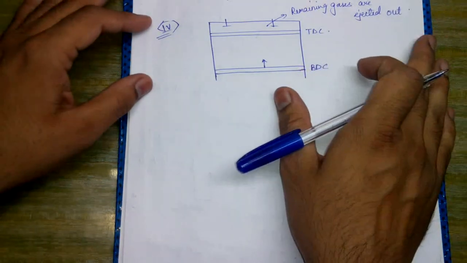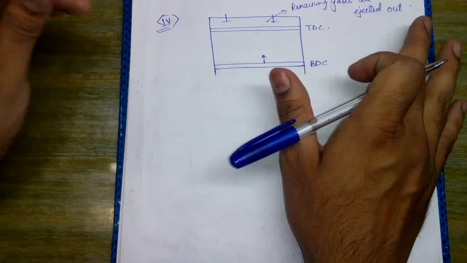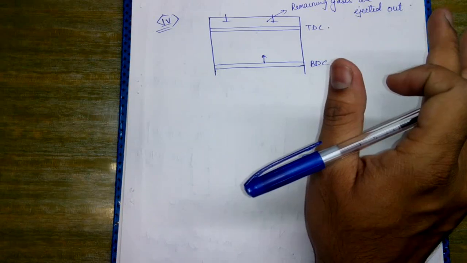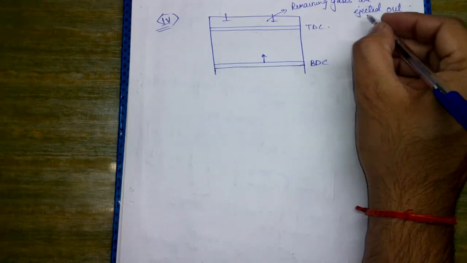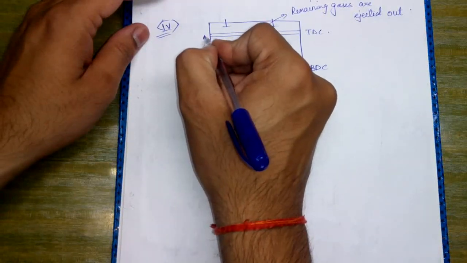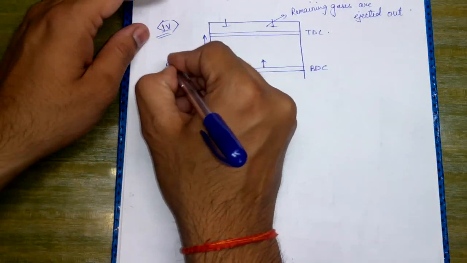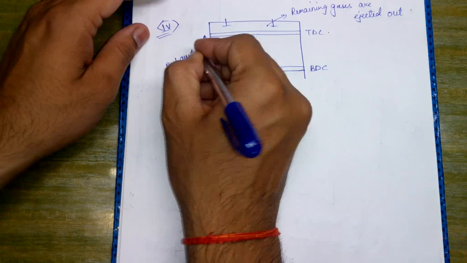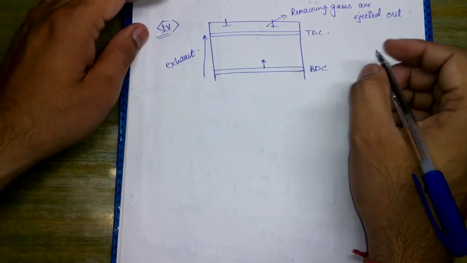So majority of the gases were ejected out during the expansion stroke only, but जो 10% बच भी गई थी, now they will be ejected out during the exhaust stroke, and this stroke which is going from down to up, it is called as the exhaust stroke.